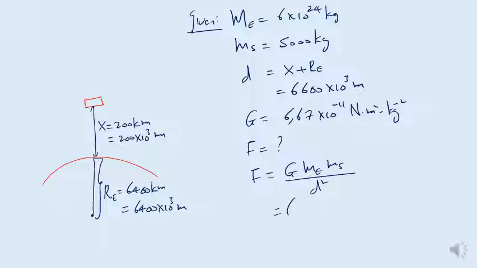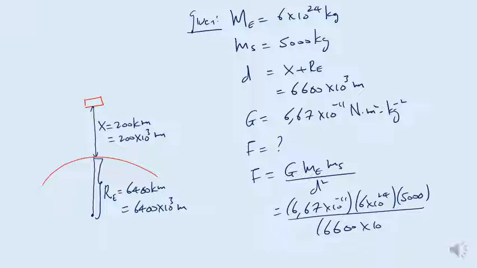So that'll become 6.67 times 10 to the minus 11, the mass of the Earth 6 times 10 to the power 24, mass of the satellite is 5,000. And the screamer here, where a lot of students make mistakes, was the total distance, 6,600 times 10 to the power 3, all squared.